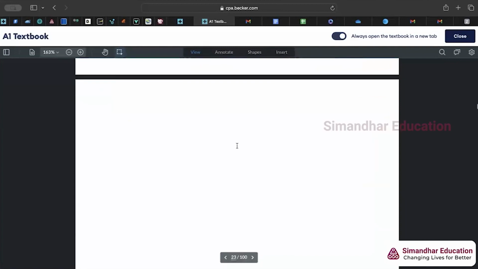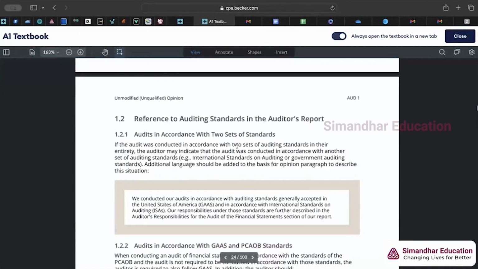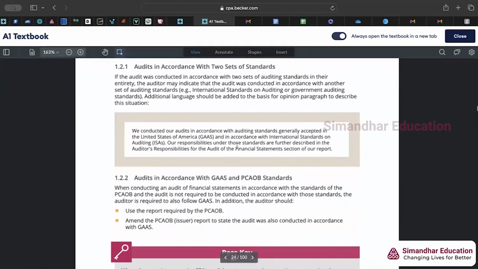PCAOB AS and GAAS. Okay, now when you are required to use both PCAOB auditing standards and generally accepted auditing standards, both sets of standards, then you will use the PCAOB report and modify it for GAAS. That means you will use an issuer's report and then modify it to say that it is audited under both.